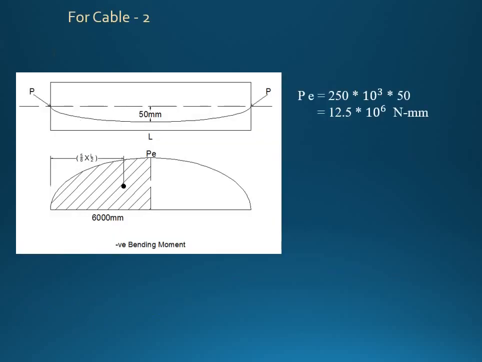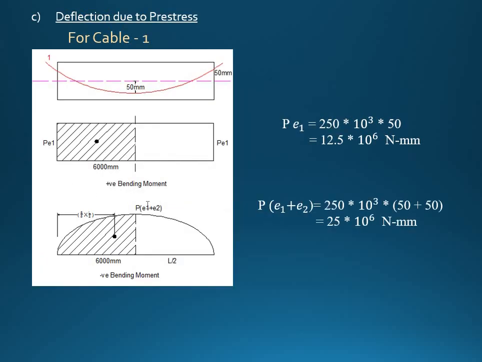Now let's see the second cable. Here in the second cable you can observe that at the support the eccentricity is 0, at the center it is 50 mm. In the previous slide we had two eccentricities, so one half of the cable was above the neutral axis and the remaining was below the neutral axis.